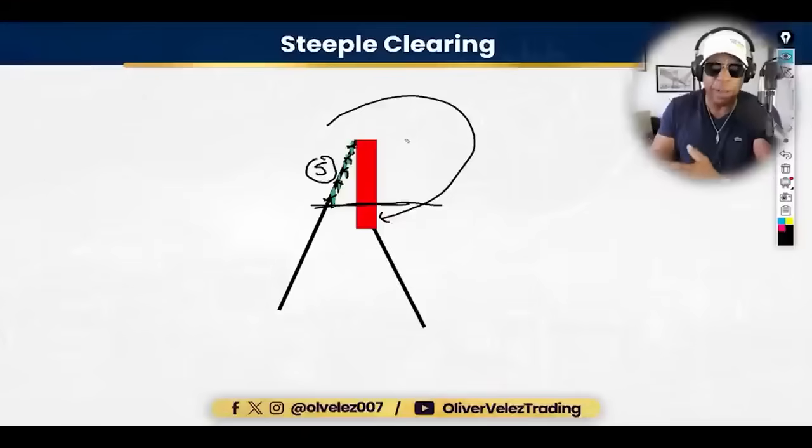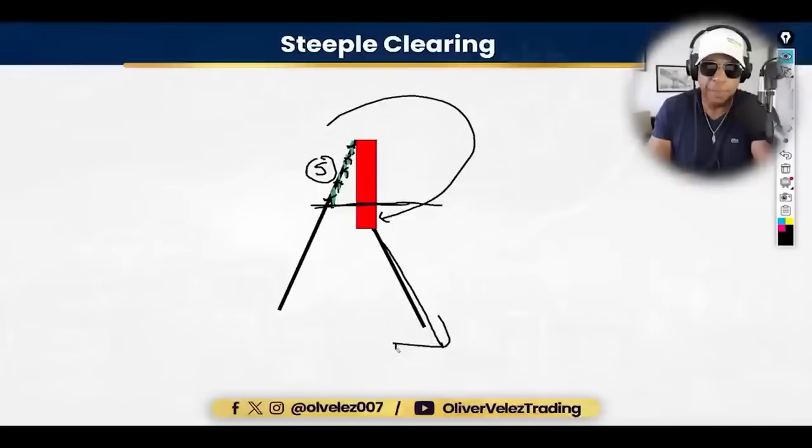That type of elephant bar crack from a steeple top is like, wow. Okay? This is the type of top you're going to see about 65% of the time. All the others, like the topping tail bar, the double topping tail bar, are less frequent than this type of top. This type of top you're going to see the most. It's the clearing elephant bar top.